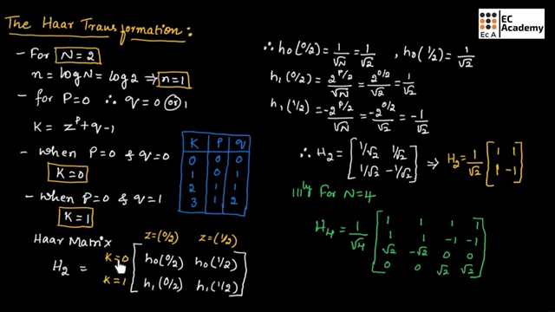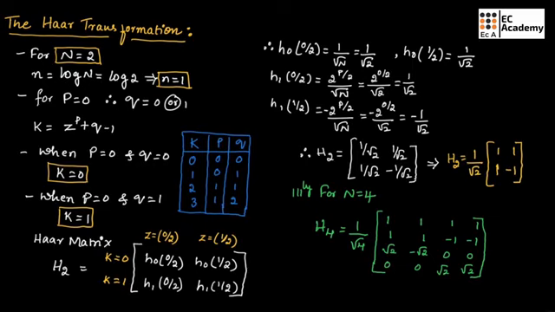Now we can write the Haar matrix for k is equal to 0 and k is equal to 1 and z is equal to 0 by 2 and z is equal to 1 by 2. So we can write the terms as h0(0/2), h0(1/2), h1(0/2), h1(1/2). So these terms are written based on the value of k and z.